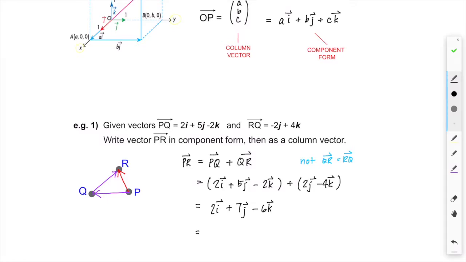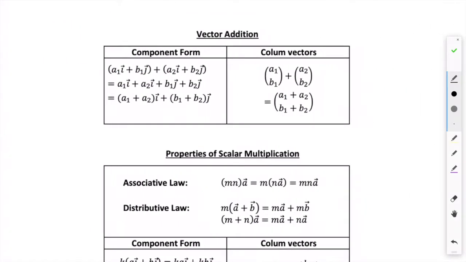If I have to express this as a column vector, it is (2, 7, -6). So on this page, we have outlined the different properties of vector addition and scalar multiplication when we express vectors in either component form or column vectors.